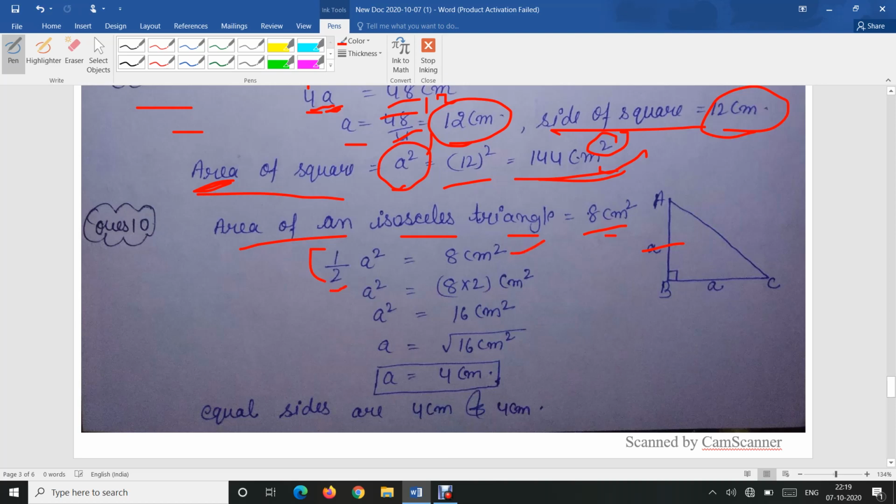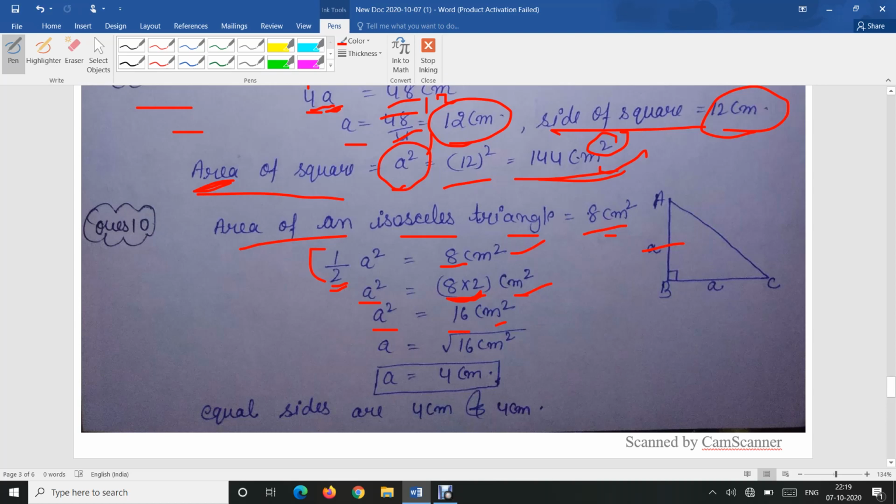Now this 2 is in division, that means this 2 is in the denominator, so while going to the right hand side it will be a multiple of 2. Now a square is equal to 8 multiplied by 2, centimeter square will remain the same. So a square is equal to 16 centimeter square.